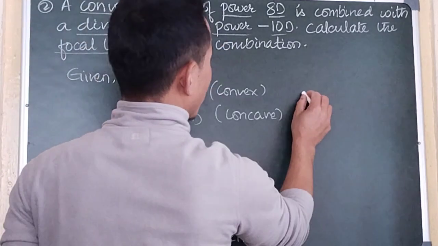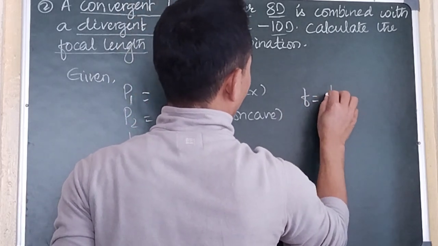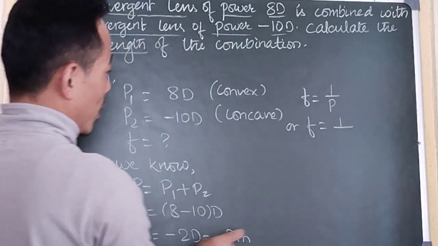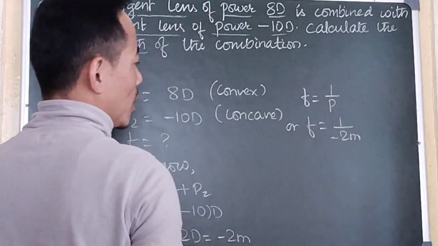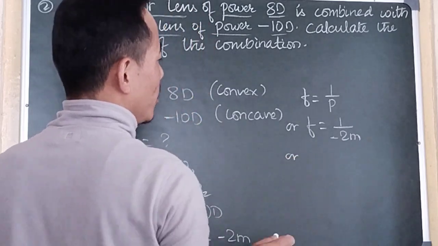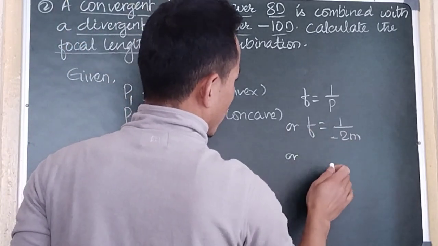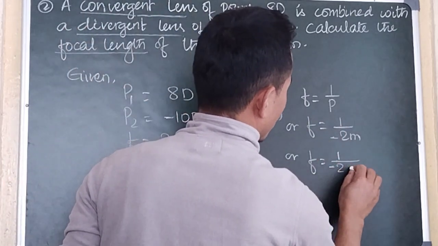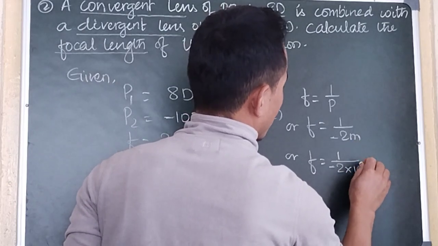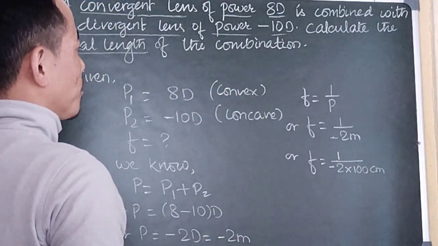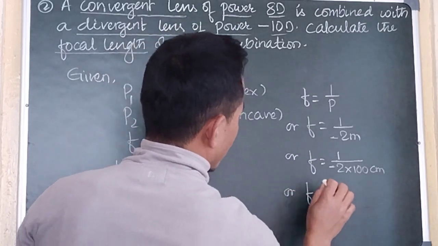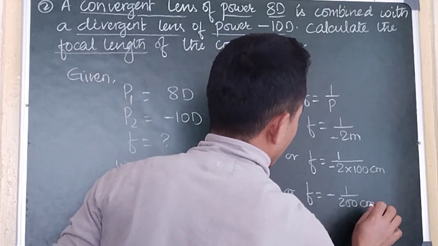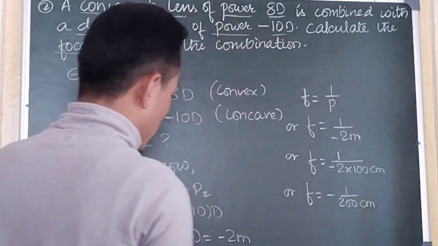Okay. Now what we have to calculate is the equivalent focal length or the focal length of this combination. So the formula is F is equal to 1 divided by P, so F is equal to 1 divided by the power, which is minus 2 per meter. You can convert this meter into centimeter, or you can write this in meter also. So focal length will be 1 divided by minus 2 times 1 meter, which is 100 centimeter. So you will get focal length is equal to minus 1 divided by 2 meter.